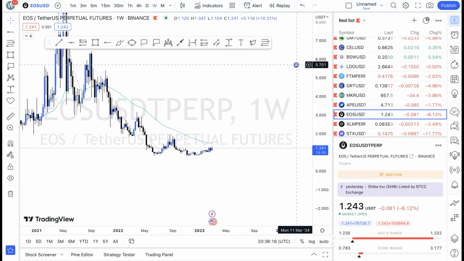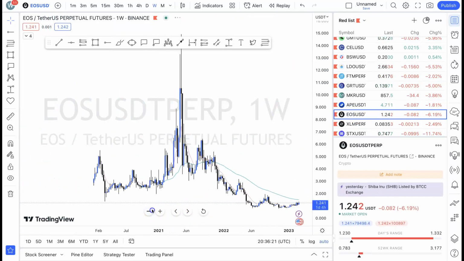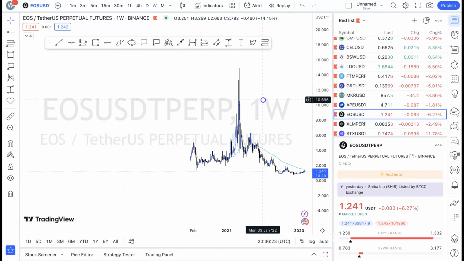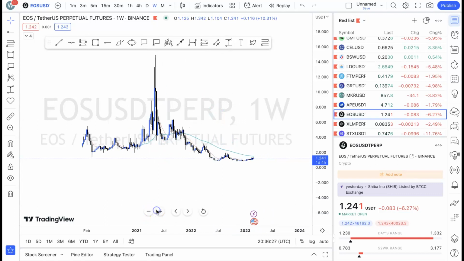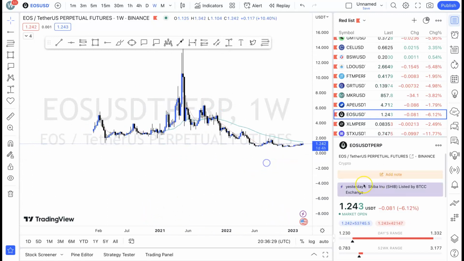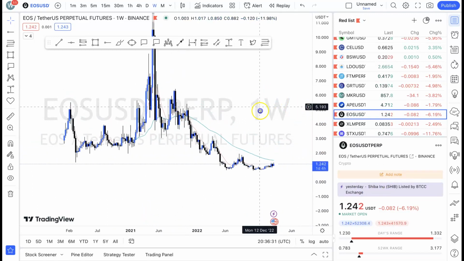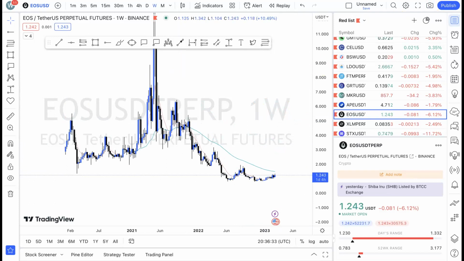EOS used to be one of the best projects. How EOS fell off the radar is still surprising to me. EOS is supposed to be making waves because it is one project that had a lot of use cases.